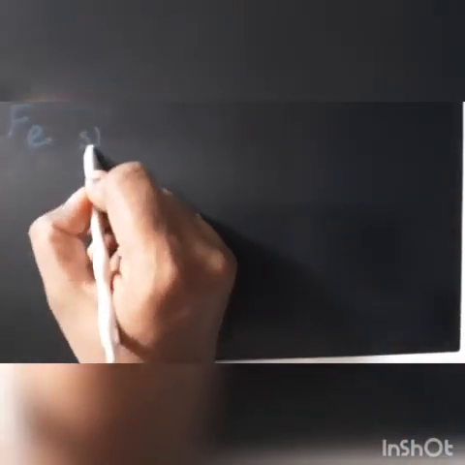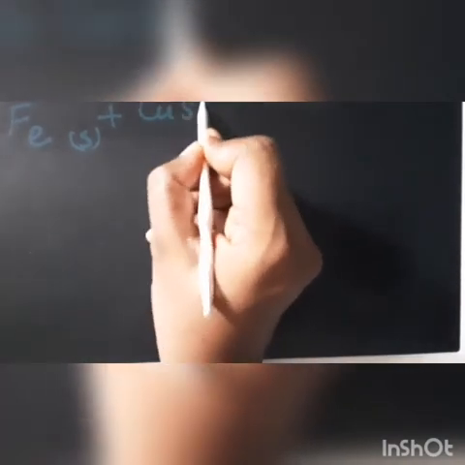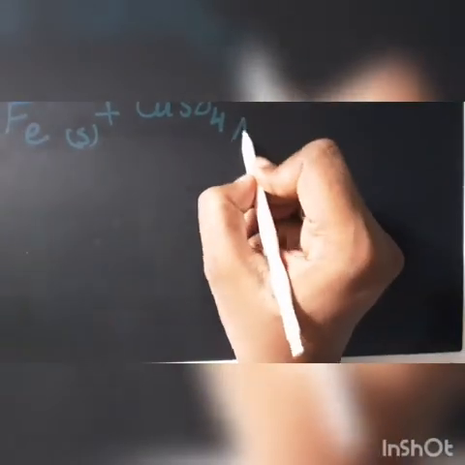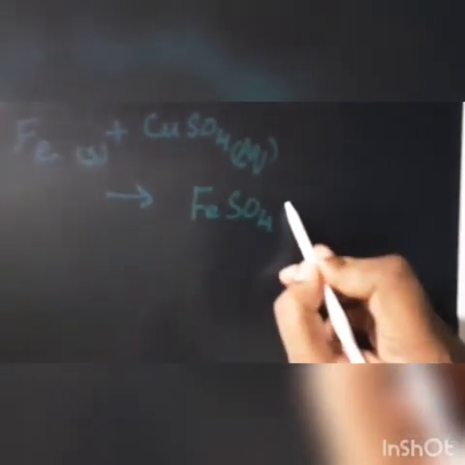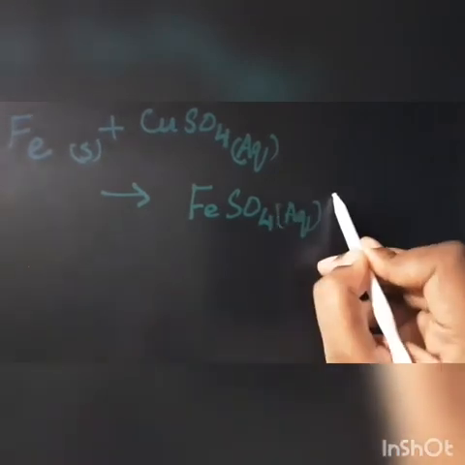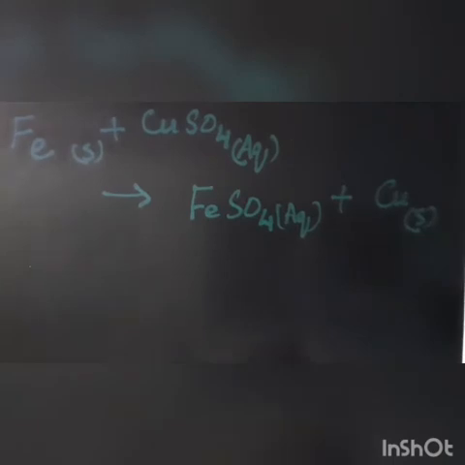Iron, which is in solid state, and copper sulfate. When iron is put into copper sulfate, which is in aqueous condition, this gives rise to FeSO4, which is aqueous, plus copper, which is solid.